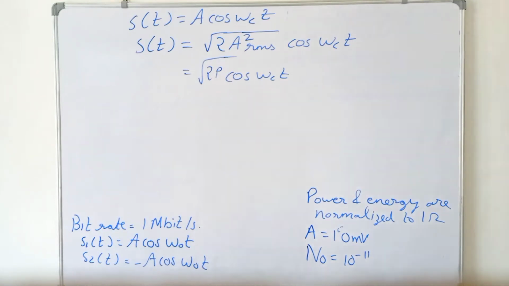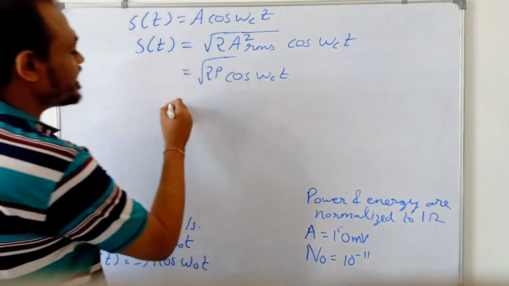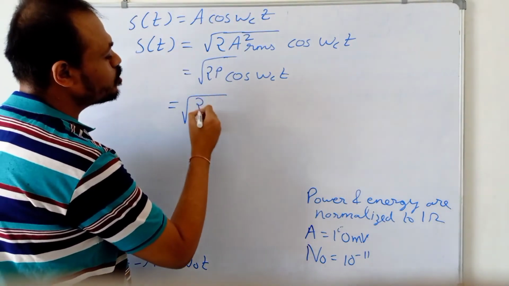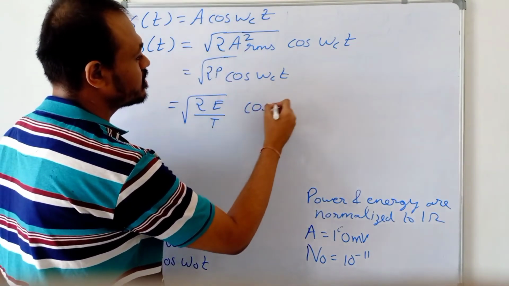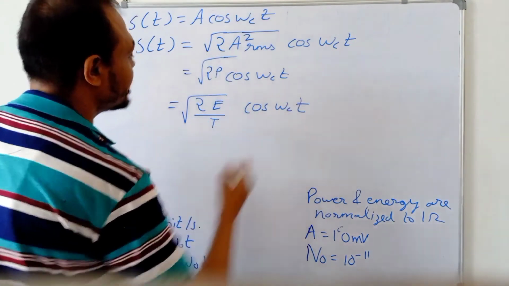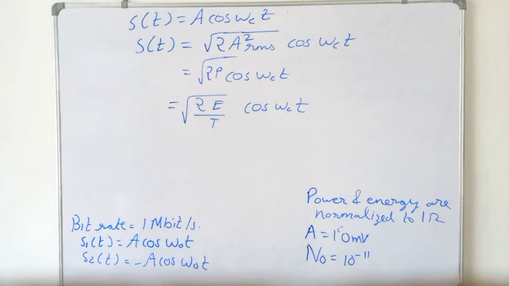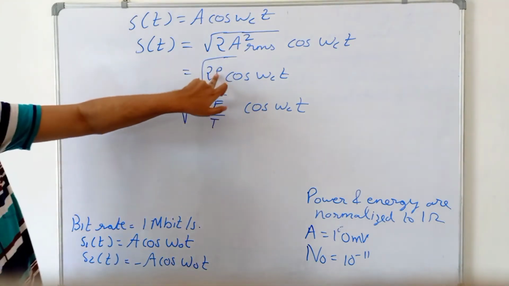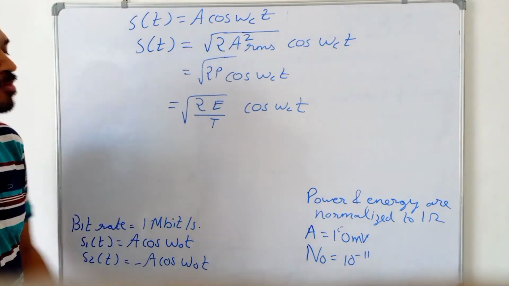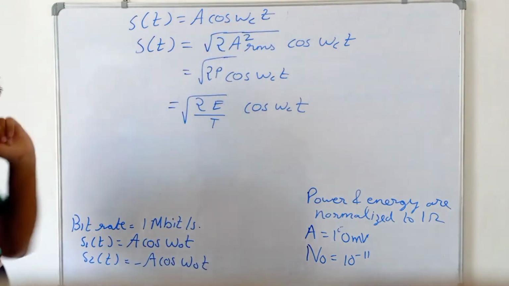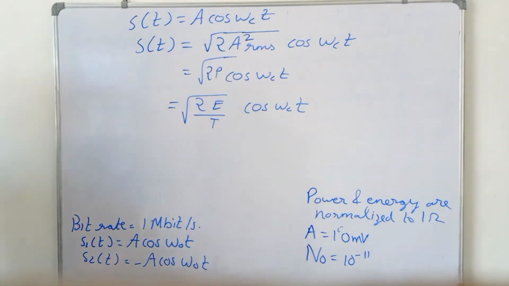Now power is also equal to energy upon time. So we can write it as root 2E by T cos(omega c t). This is the expression for the signal, and this represents normalized power because it is normalized to a 1 ohm load.